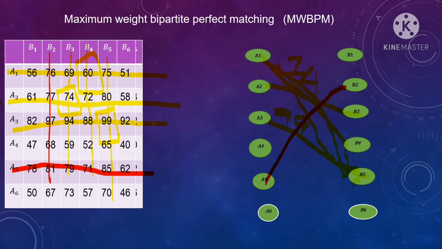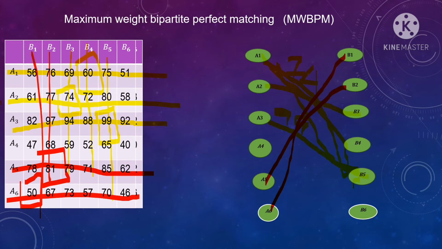This is the center, the number that we need to find. Then E6 to B1. The number that we need to find is 60.